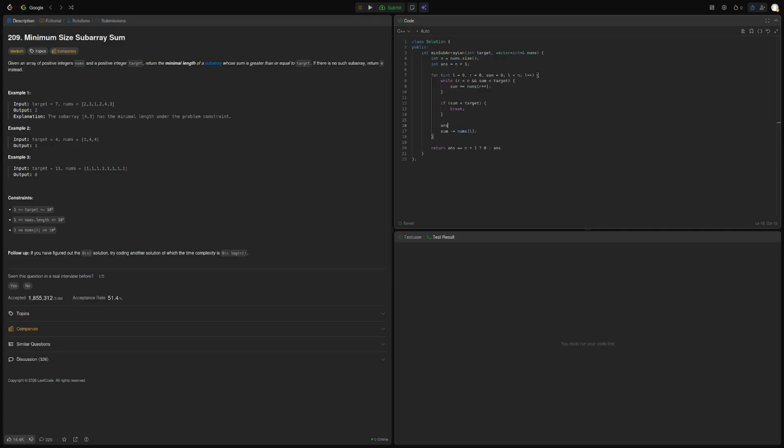Wait, so ans means ans equals R minus L, because I forgot to do that, and now I'm missing a semicolon.